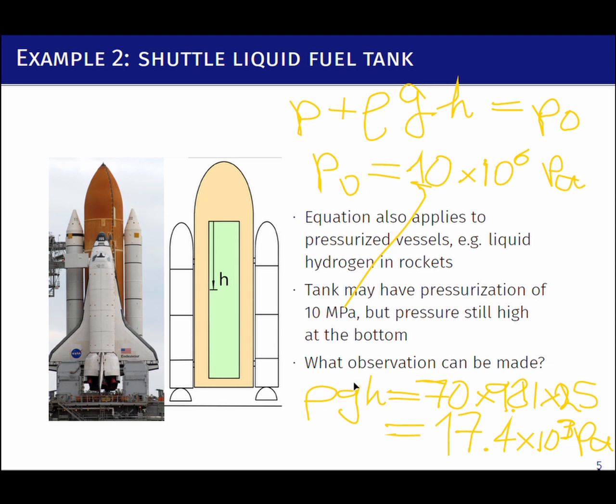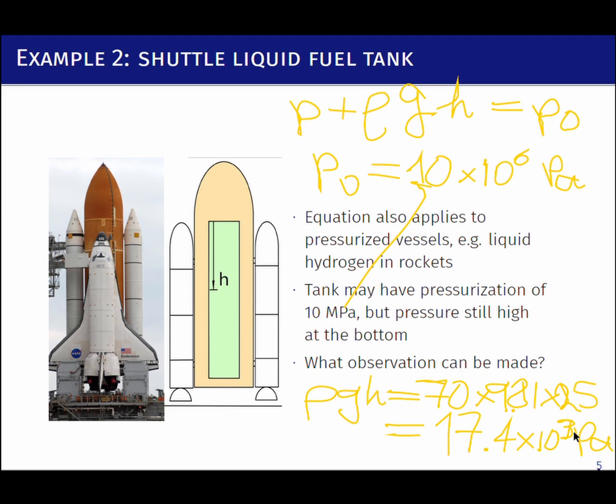I can tell you that the density of liquid hydrogen is 70 kilograms per meter cubed, that the gravitational constant is 9.81, and that the height of the tank is 25 meters. This means that the pressure at the bottom of the tank is going to be 17.4 times 10 to the 3 pascals higher than at the top of the tank.